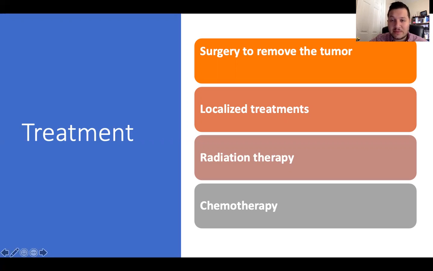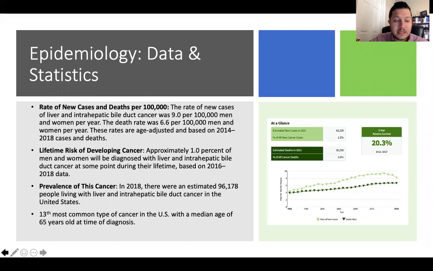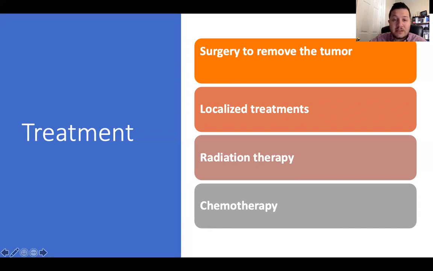So sometimes they remove partially the liver and surrounding healthy tissue just to make sure the cancer will not grow back again. And then sometimes if it's spread across all the liver, they tend to do a complete liver transplant from a healthy donor.